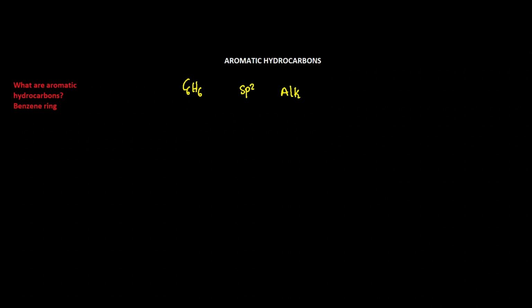From our videos on alkenes, we know by now that alkenes also exhibit sp2 hybridized orbitals, and so we might assume that benzene behaves like alkenes. However, this assumption would be wrong. Benzene actually does not behave like an alkene, and we'll see this as we move on in this video.